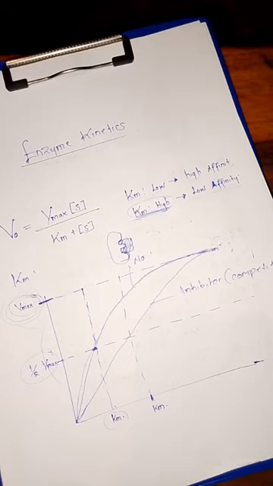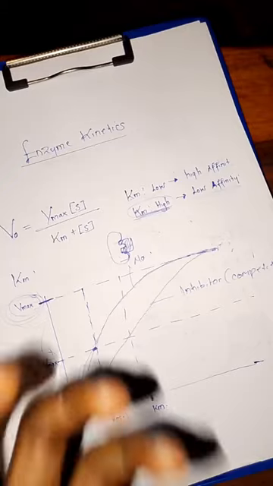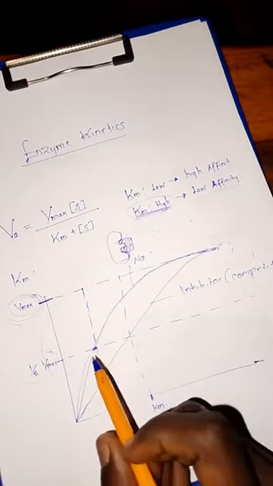It is not going to compete with the substrate to bind to the active site, and the substrate can still bind to the active site of the enzyme. But because the non-competitive inhibitor is bound to the allosteric site, it is going to reduce the catalytic power of this particular enzyme.